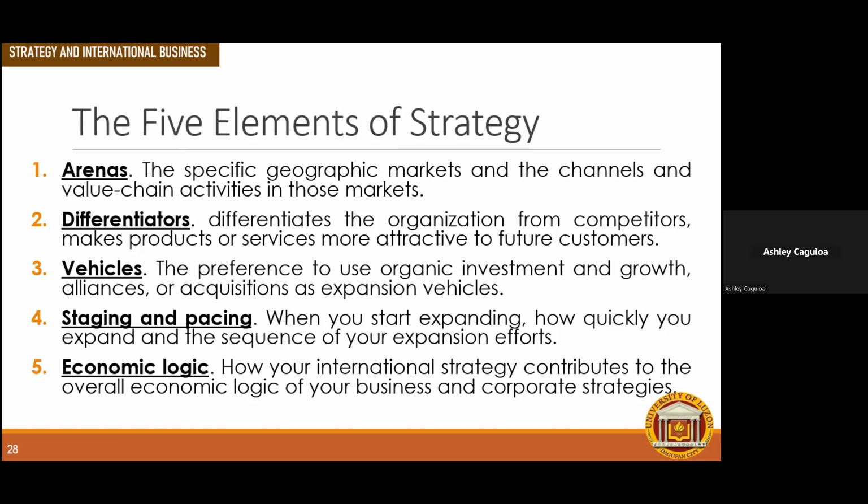Number 4, staging and pacing: when you start expanding, how quickly you expand, and the sequence of your expansion efforts. Number 5, economic logic, how your international strategy contributes to the overall economic logic of your business and corporate strategies. So these are the 5 elements: arenas, differentiators, vehicles, staging and pacing, and economic logic.